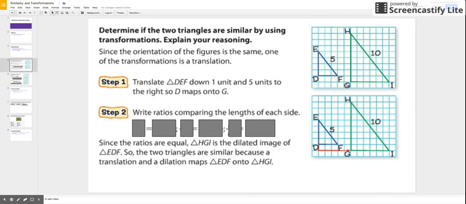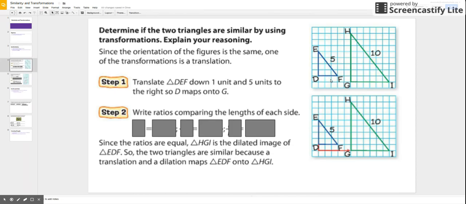In this case, I'm just going to use D and G, but you can go from F to I or E to H, as long as you move the triangle so that it lands on one of the corresponding points. E corresponds to H, F corresponds to I, and D corresponds to G. They're in the same position.